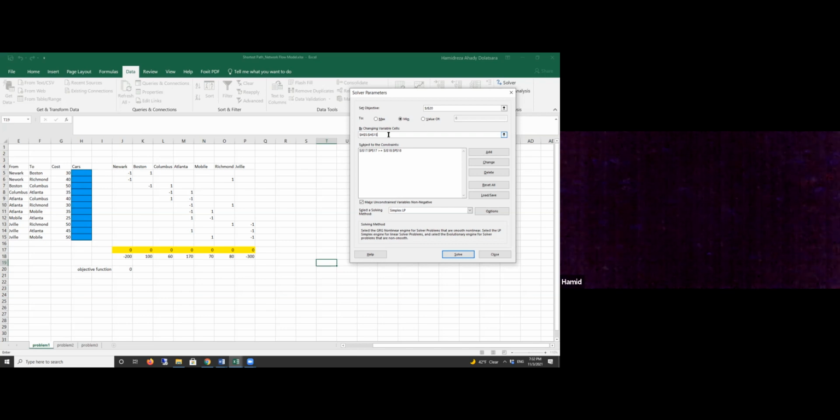For demand points, like 160, 170, 70, you should provide more than what they need. Again, it's just policy. You might want to provide exactly what they need, but based on the arbitrary policy that I have here, I just want to have at least the amount that they need. Okay, let's hit solve.